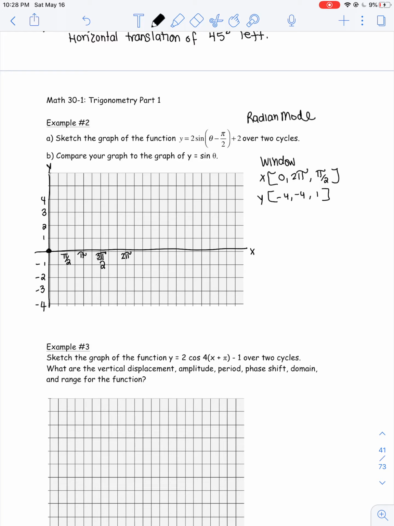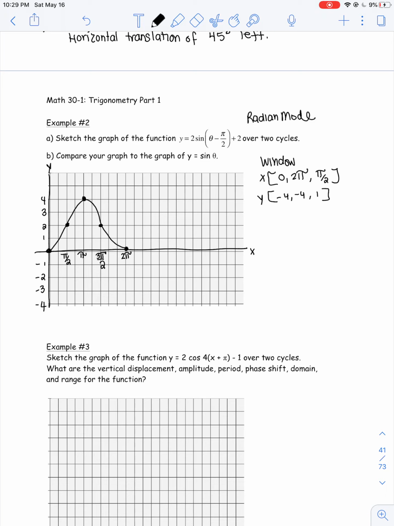Okay, so at pi over 2, we're going to plot the point at 2. Then we can do trace pi, and we can get that the value is 4. And then we can go trace 3 pi divided by 2. So we're just putting in the x values and then plotting what we get for the y coordinate. 2 pi. We know that at 2 pi it's going to return to our 0 value. So that is one wave on this graph.